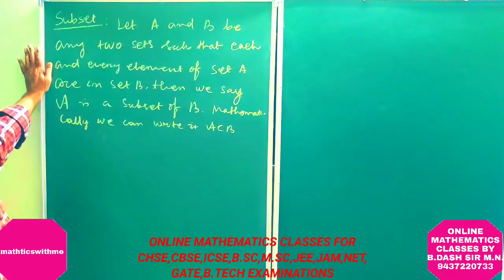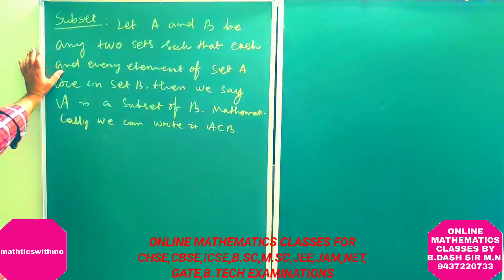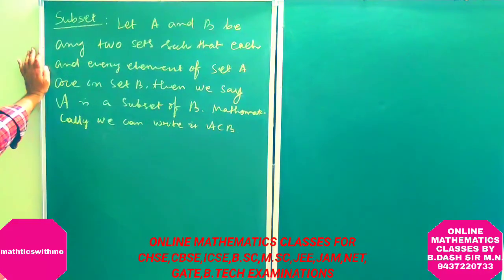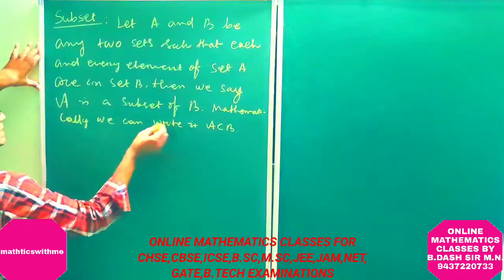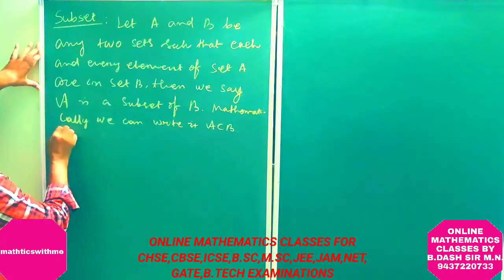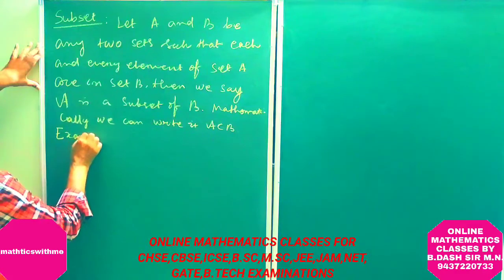Now, definition of a subset. Let A and B be any two sets such that each and every element of set A are in set B. Then we say A is a subset of B. Mathematically, we can write A is a subset of B in this way. Now, example.